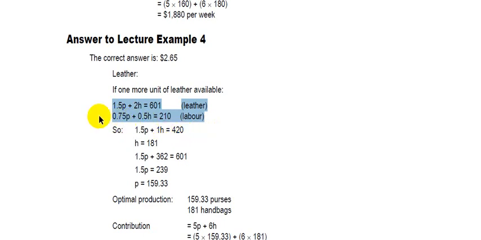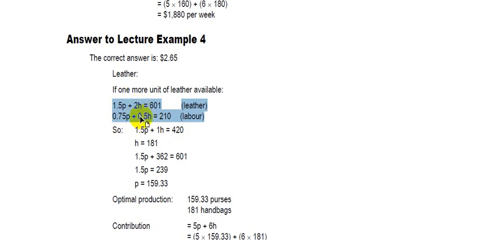So you multiply everything in the labor by 2. 2 times 0.75 gives you 1.5p. 0.5 times 2 gives you 1h. 210 times 2 gives you 420. So you've got 1.5p minus 1.5p, this cancels out.